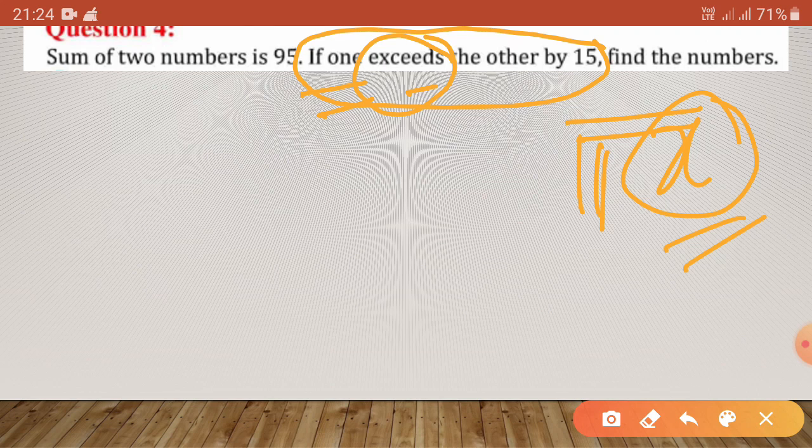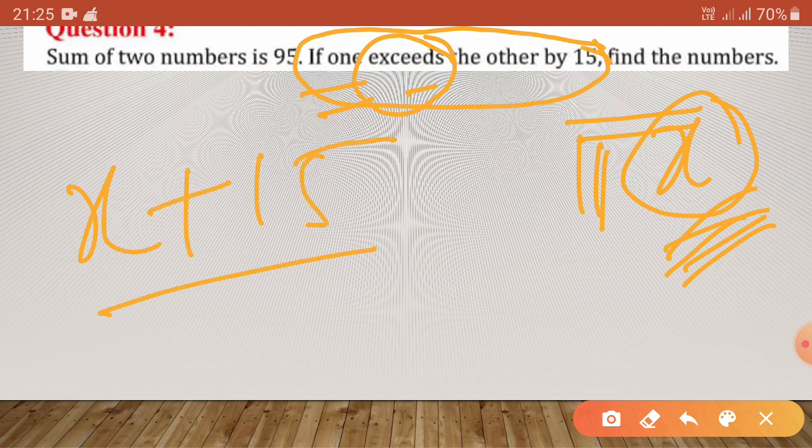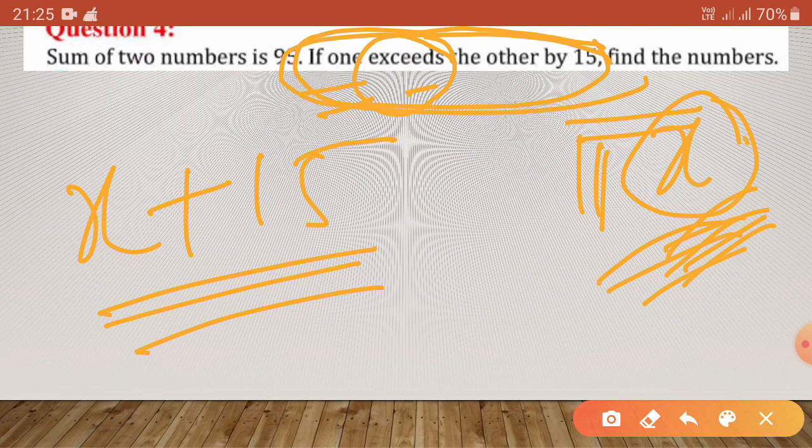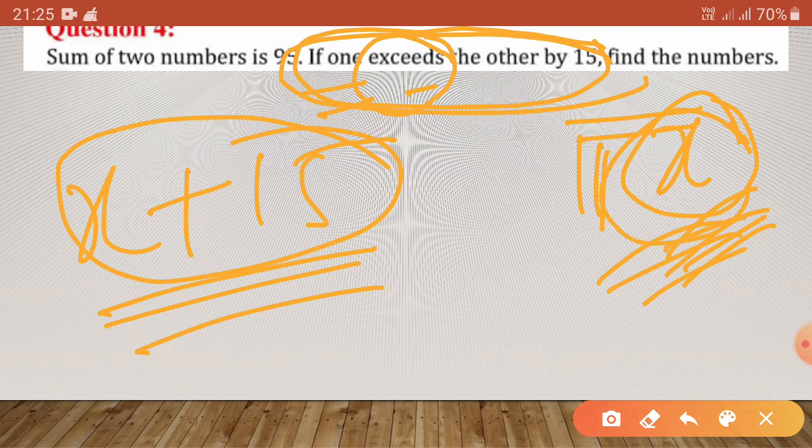So if the one number is x, so what will be the other number? That will be x plus 15, because here is the statement. Why? Because this number exceeds this number by 15, that means it is greater than, because 15 adds to this number.